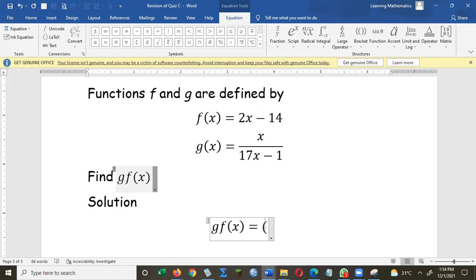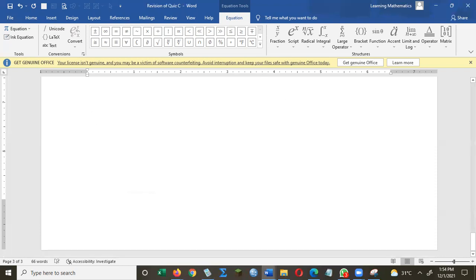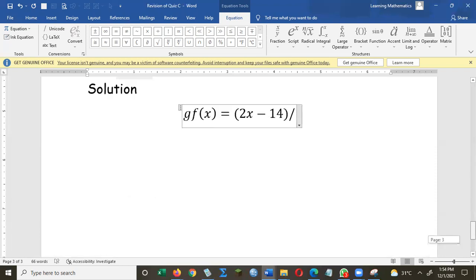And now the open bracket. And 2x minus 14 in the open bracket, yes. Divided by, very correct. Just a minute.